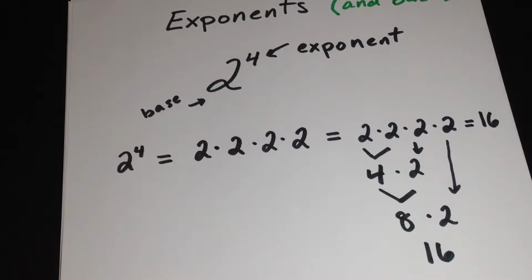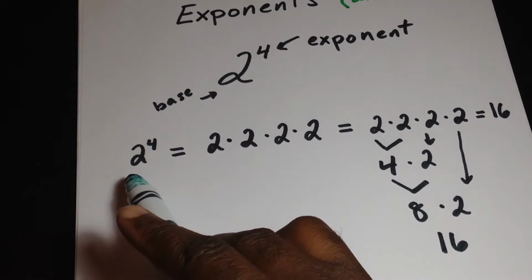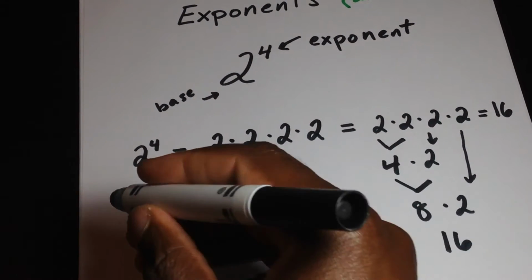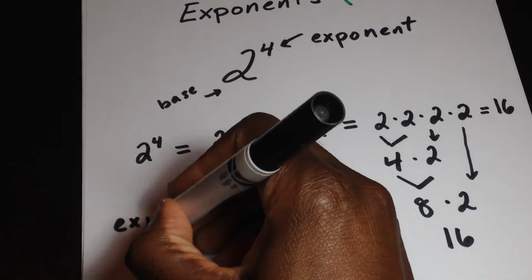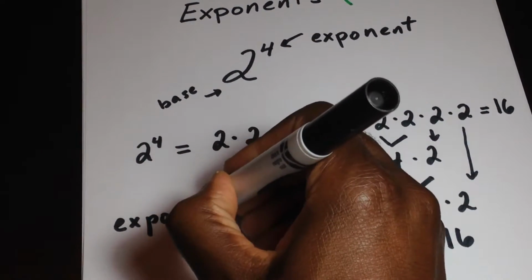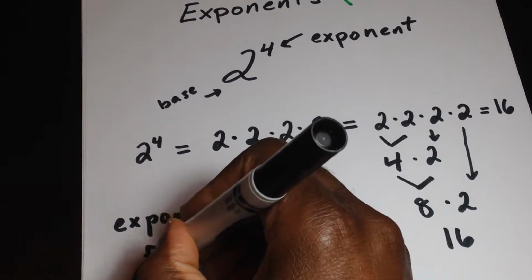Now let's get the basic definitions of what each is called. When you have it written in this form, 2 to the fourth power, this is written in exponential form.